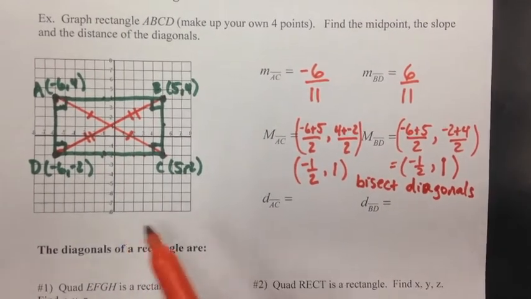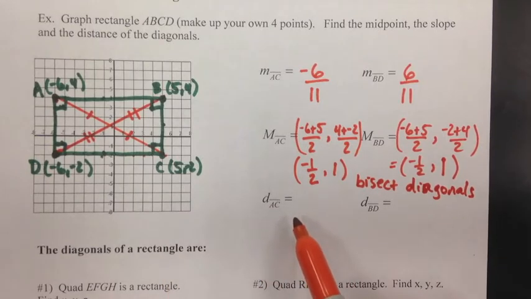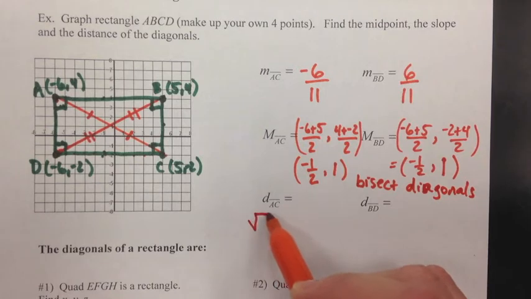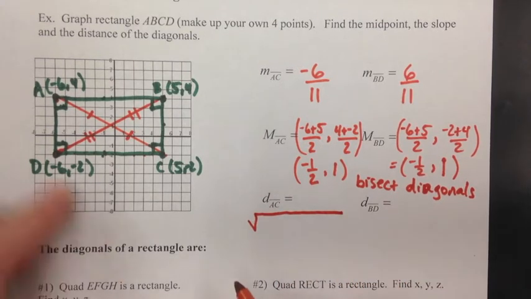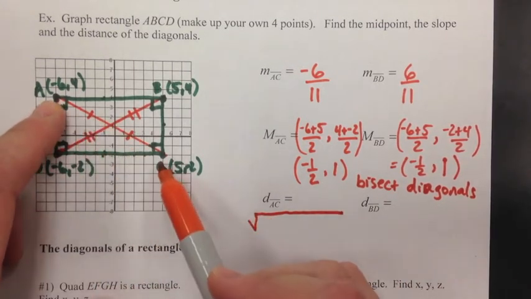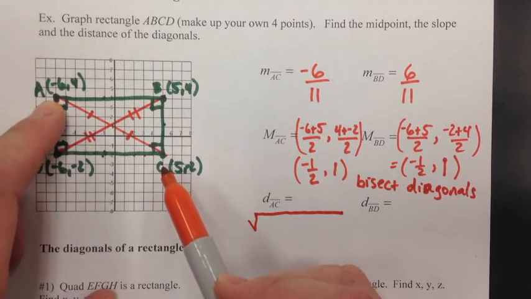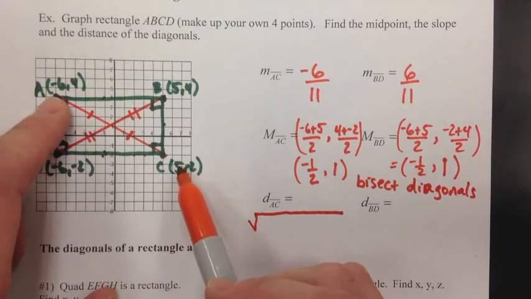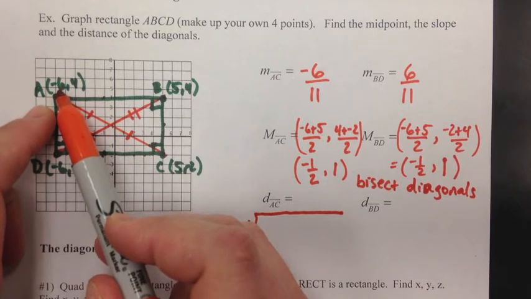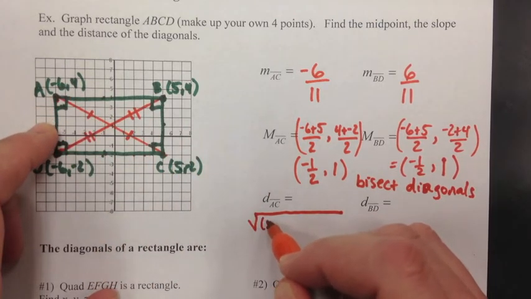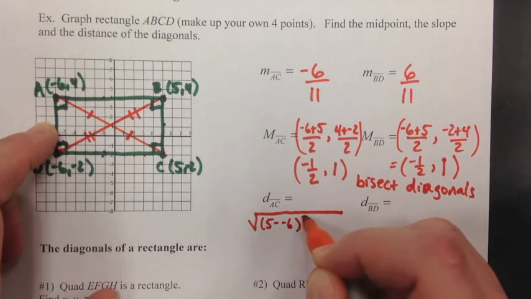So what makes a rectangle different? Well, now let's do the distance. Let's talk distance. Now distance is the big square root. The distance from A to C is we subtract the x's. So I'm going to take 5 minus negative 6. Subtract the x's, square it.